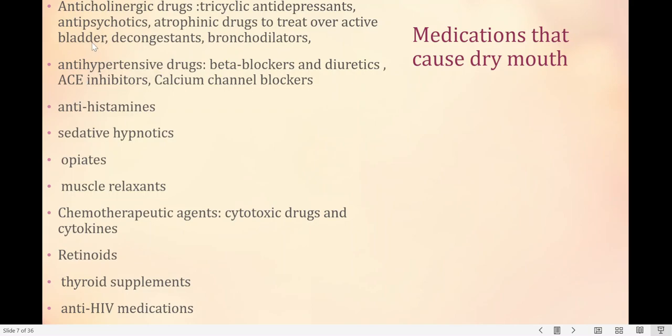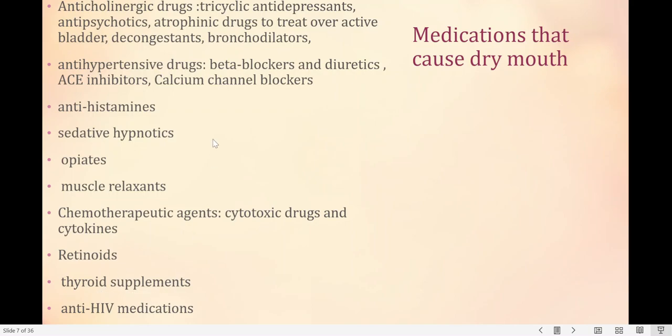We have anticholinergic drugs like, for example, tricyclic antidepressants. We have also antihypertensive drugs like beta blockers, diuretics, ACE inhibitors, calcium channel blockers. We have antihistamines, we have sedative hypnotics, opiates, muscle relaxants. We have chemotherapeutic agents, including cytotoxic drugs and cytokines. We have retinoids, thyroid supplements, anti-HIV medications.